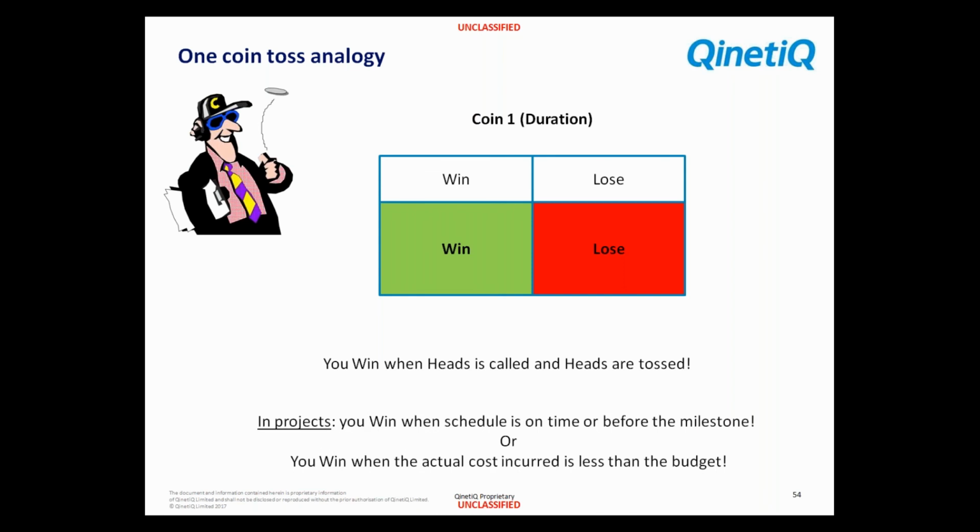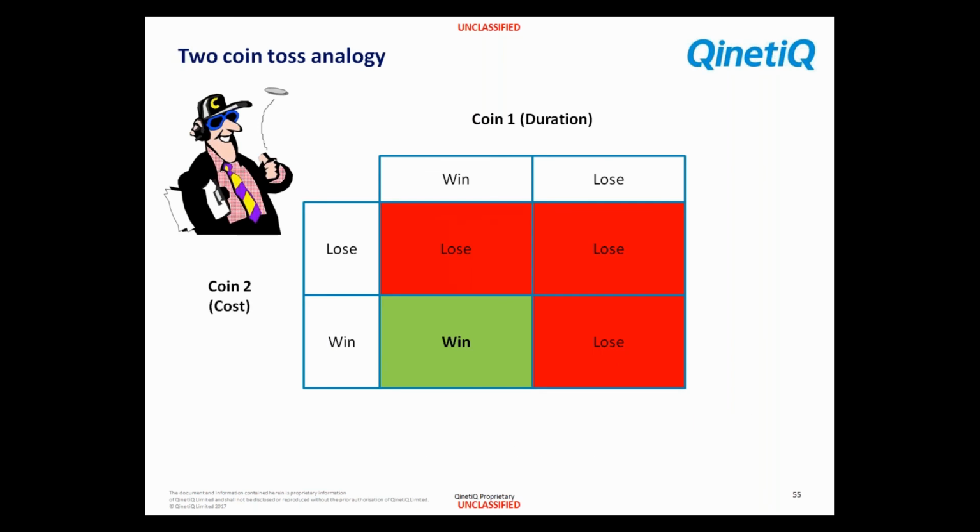When we combine and think about that in project terms then, if we're doing cost and schedule analysis separately, in a project you win when the schedule is on time or before the milestone that you've set. You also win, if you're doing it separately, when the actual cost incurred is less than the budget that you've set. The difficulty comes then when we think about tossing two coins. So if we throw two coins up and we call heads, we only win when both coins fall on heads.